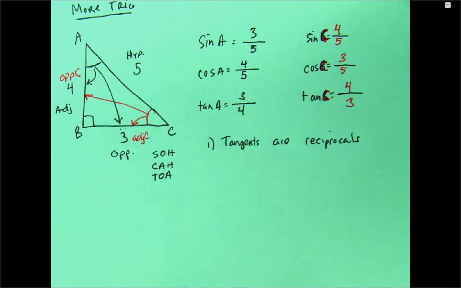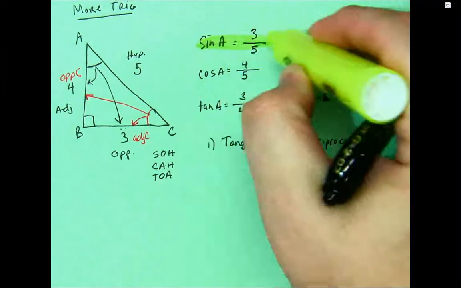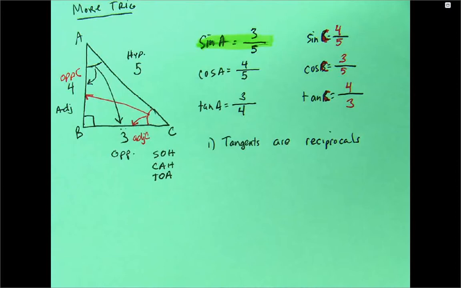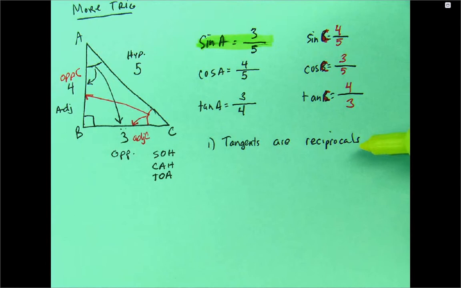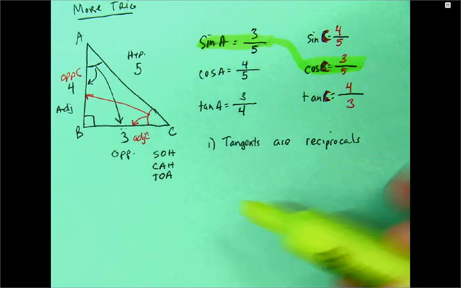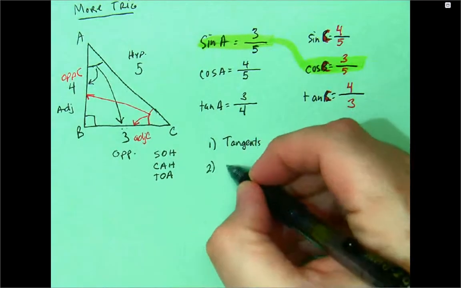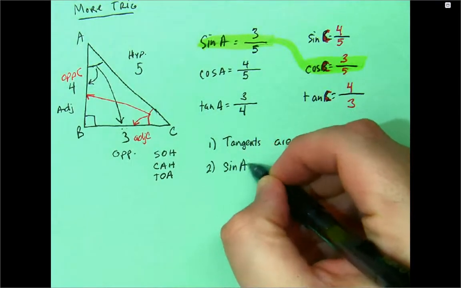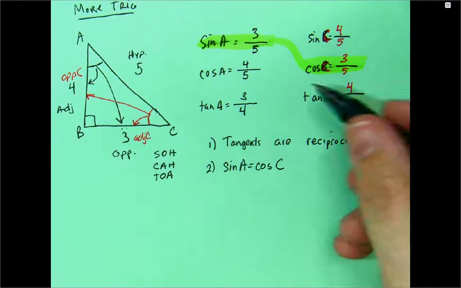Now, if you look at the sine of A, is there any other of the 6 things that we found? Are there any of them that are equal to the sine of A? Yeah, the cosine of C. What about the cosine of A?